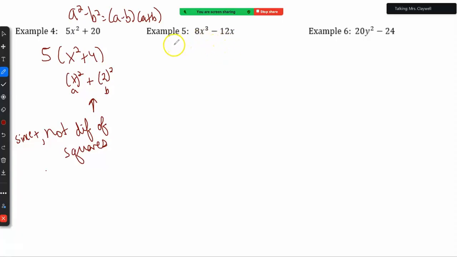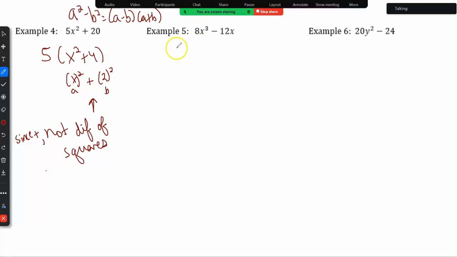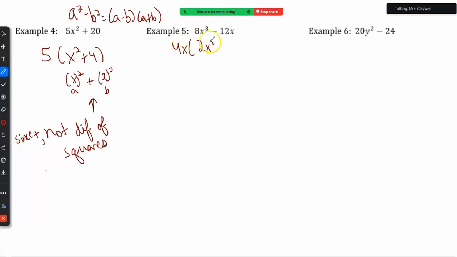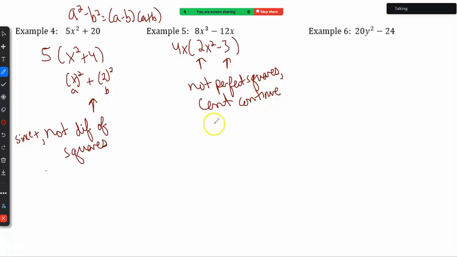If I pull out this one, these would have a 2 and a 4 and an x. So I can pull out a 4x. These are not perfect squares. So I can't continue. Same with example 4, it's not difference of squares, so I can't continue.